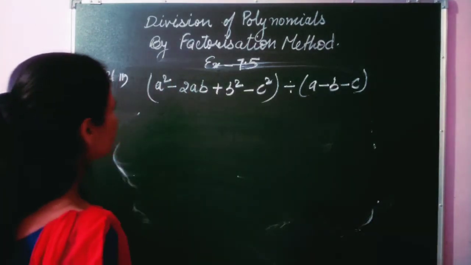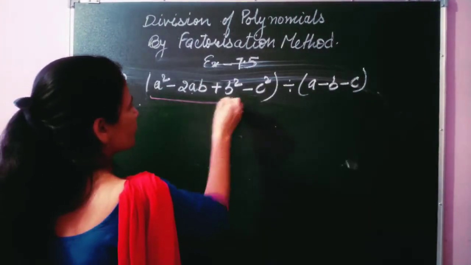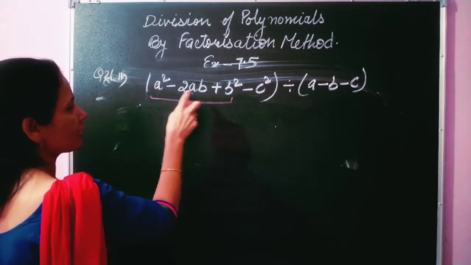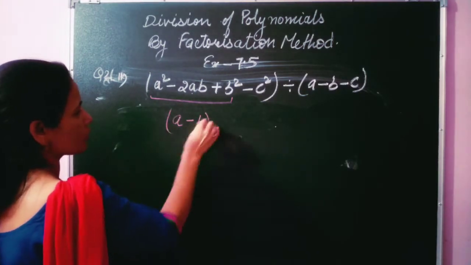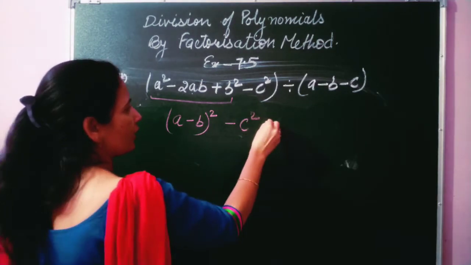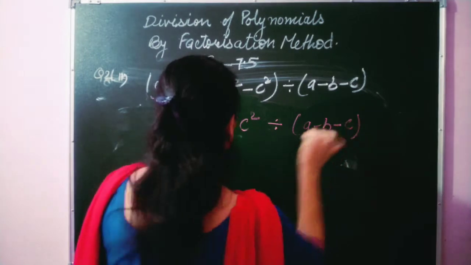Here we can use the grouping method. This is my first group, and I observe this is the identity a square minus 2ab plus b square equals (a minus b) whole square, and c square is already given. Now this converts into the identity a square minus b square, which factors as (a plus b)(a minus b). So writing this: (a minus b plus c) is my first factor, then (a minus b minus c) is the second one, and this is divided by a minus b minus c.